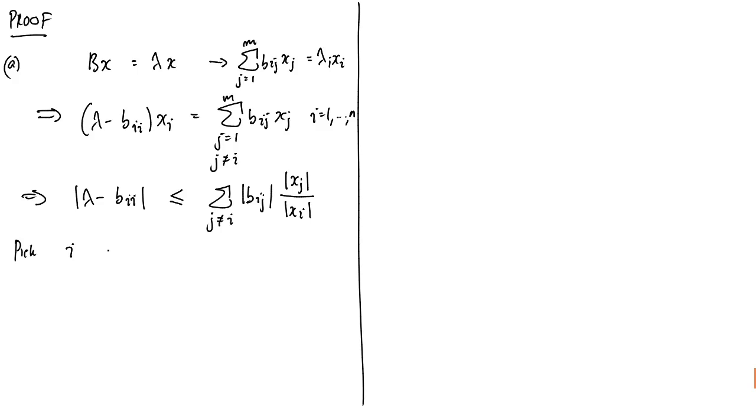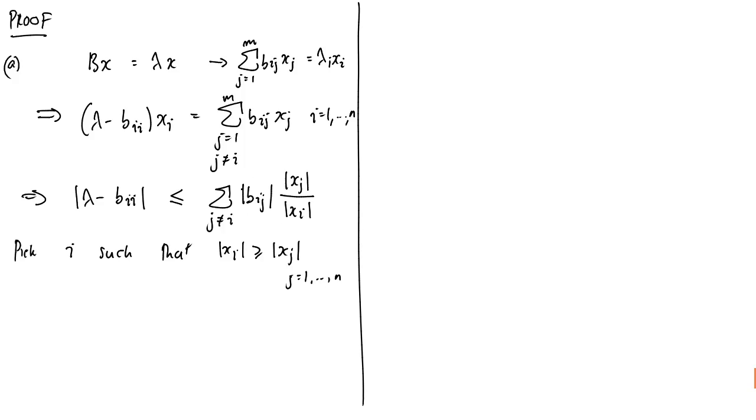So pick an i such that the absolute value of xi is greater than or equal to the absolute value of xj for j equals 1 to n. So I'm just going to pluck out the biggest one and choose that to be my i.